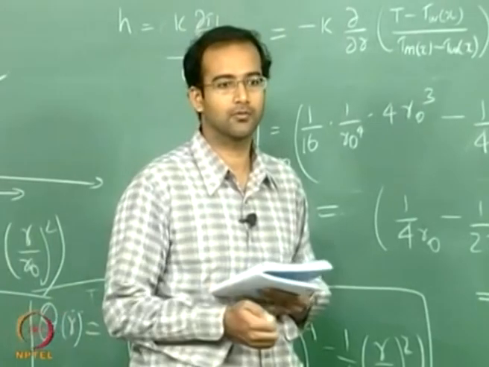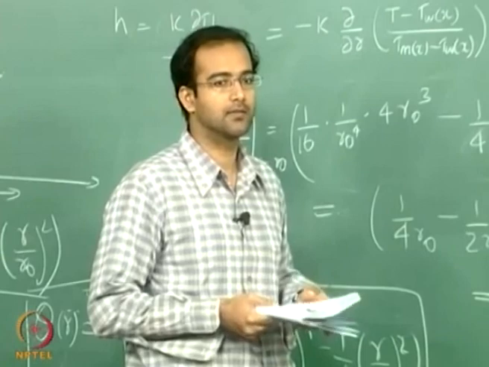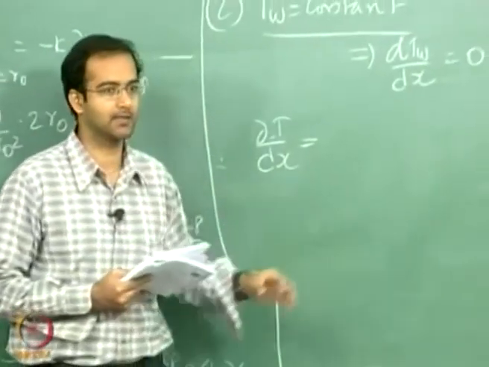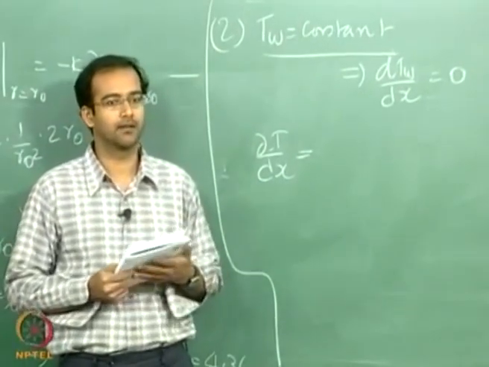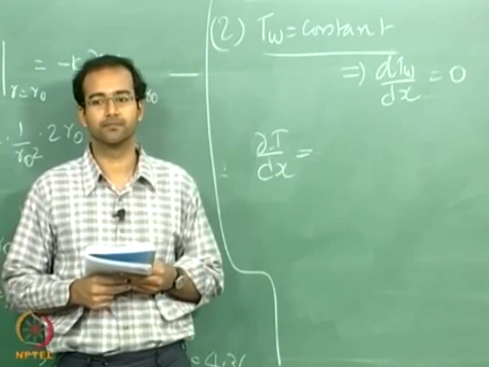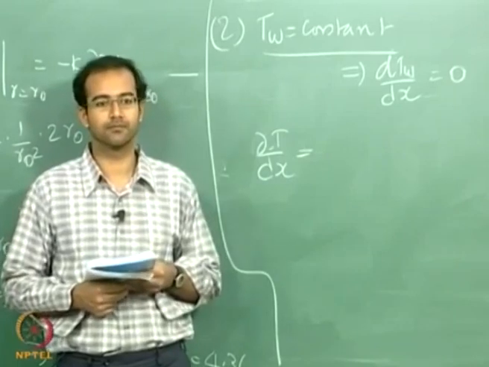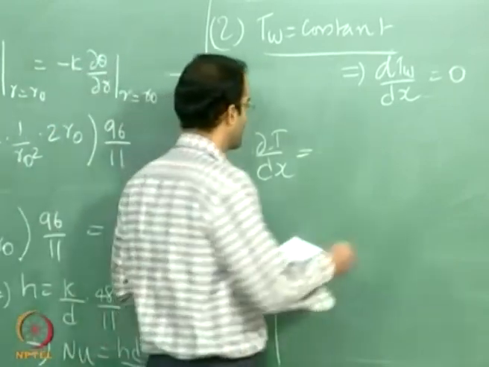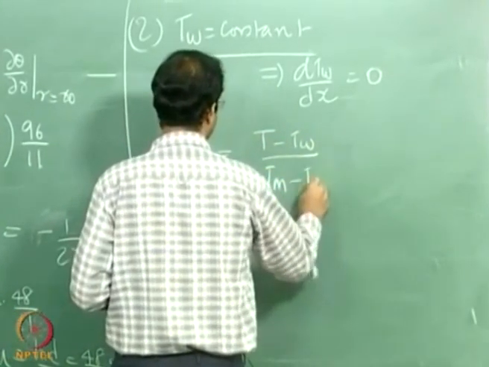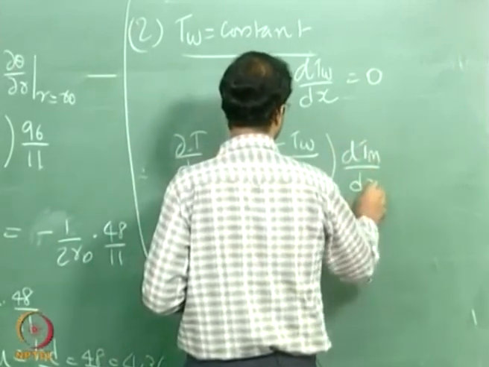I want all of you to also participate. You have to tell me, if you apply this condition dT wall by dx is 0, what will be the resulting expression for dT by dx. Yeah, T minus T wall by Tm minus T wall into dTm by dx.